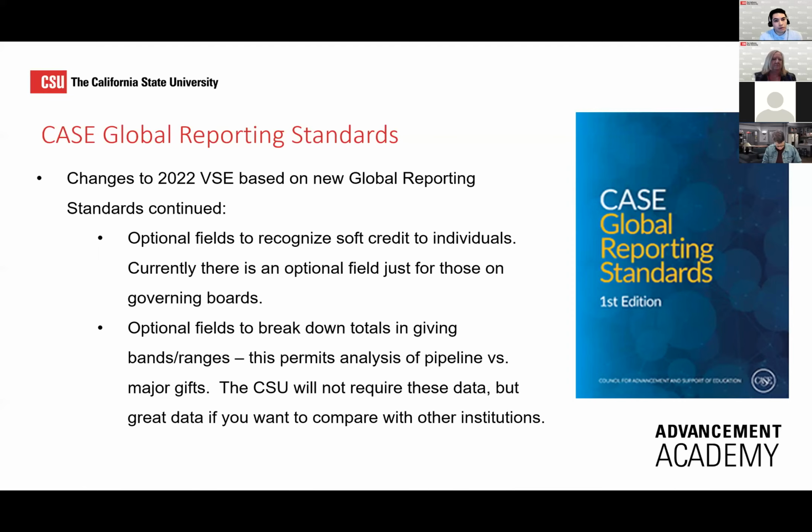The CSU is not going to require this data, but it is probably a very interesting piece of information that campuses can use to compare with each other, and really interesting to compare nationwide as well through the VSE data miner tool. So you guys want to keep an eye out for that one.